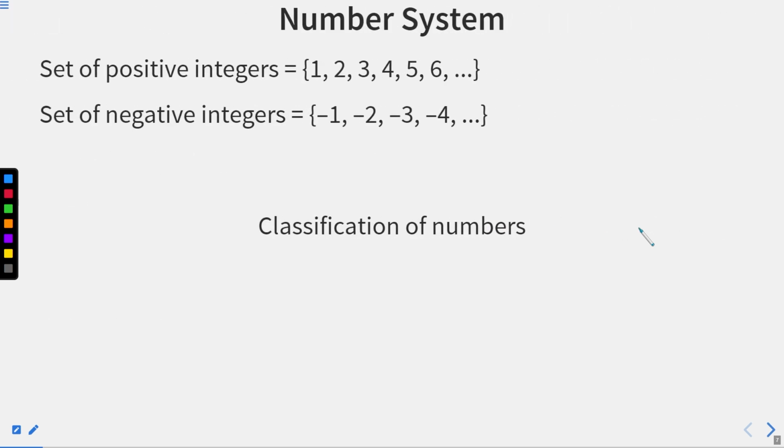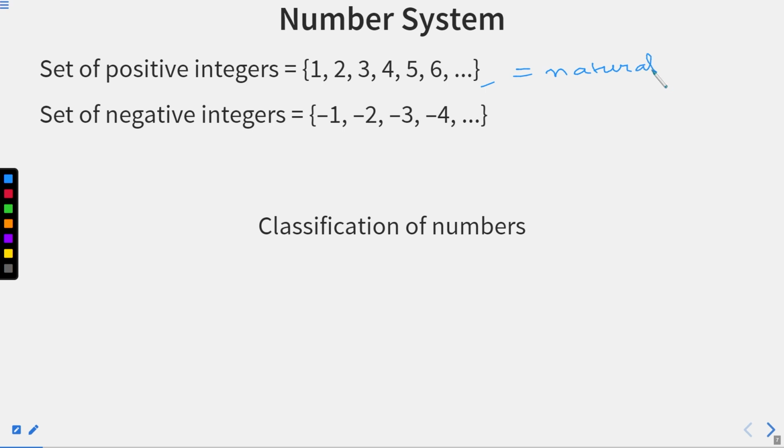If I ask you what is the set of positive integers, that means I am asking you to include only positive integers. That means you have to exclude negative integers as well as 0. Then your answer should be 1, 2, 3, 4, 5, 6, and so on. Or in simple terms, I can say that it is nothing but natural numbers only.